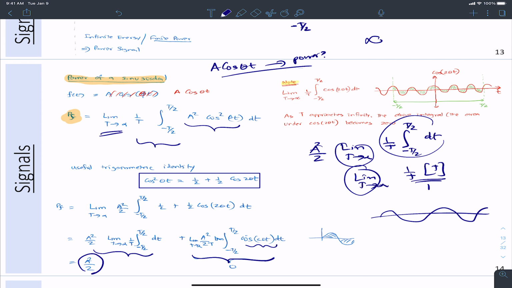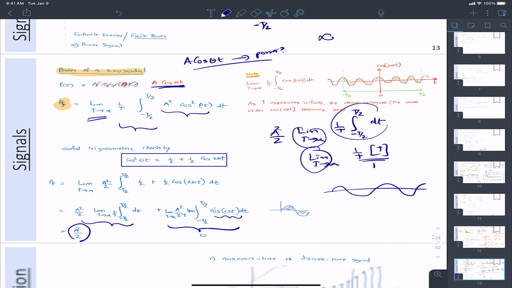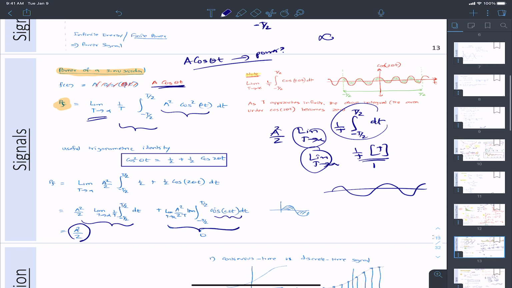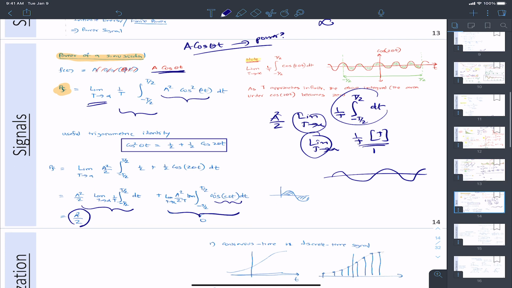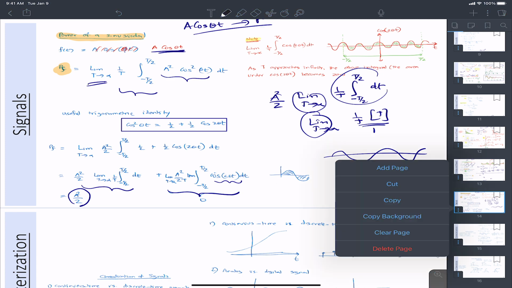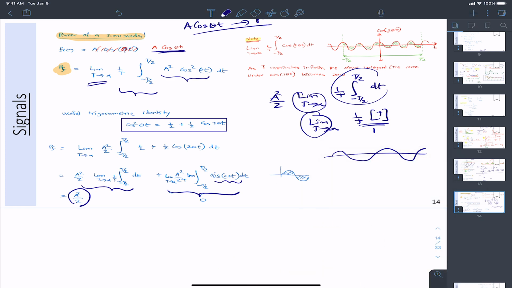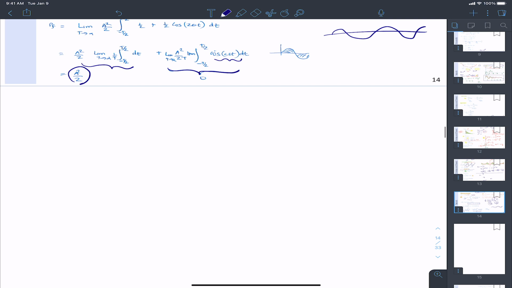So anyway, the power of this signal A cos θt is A squared by 2, and it is a very important derivation I just did. Let me add a few insights. Any signal, you can test this. Let's say f(t) is A cos(2πt + φ). This might be a quiz question.